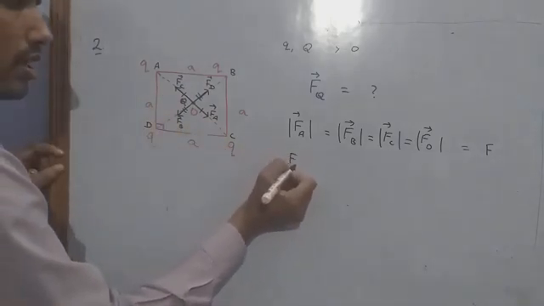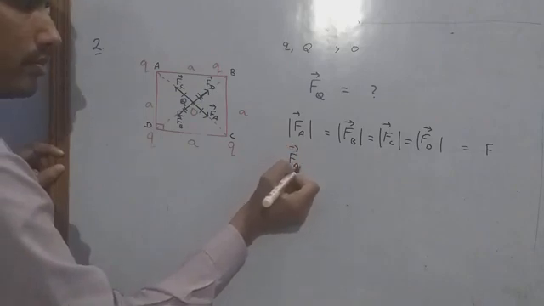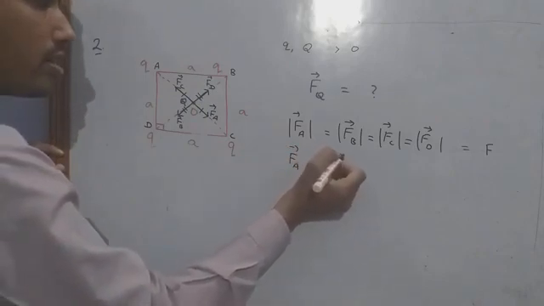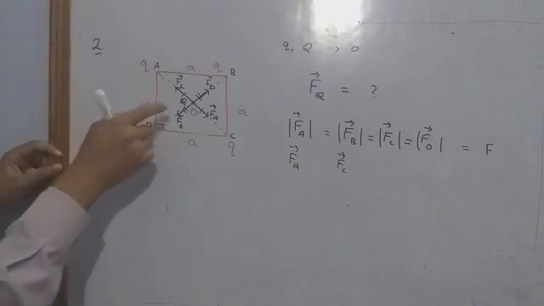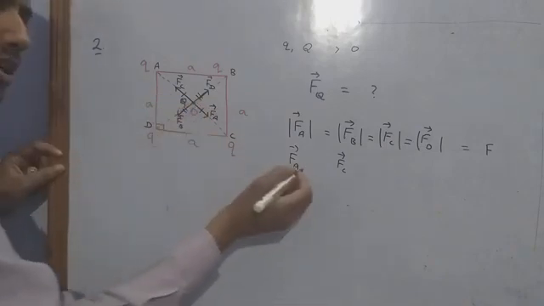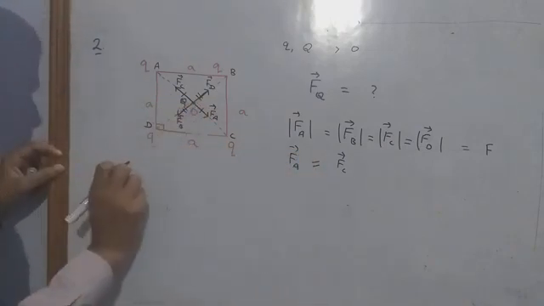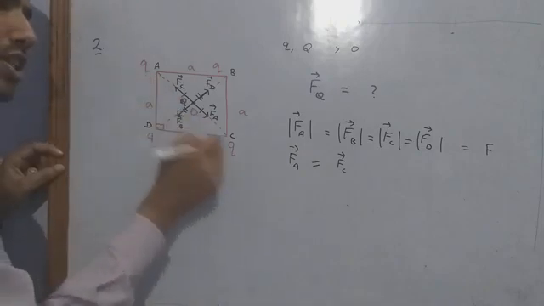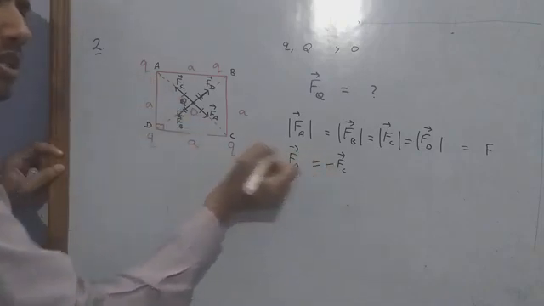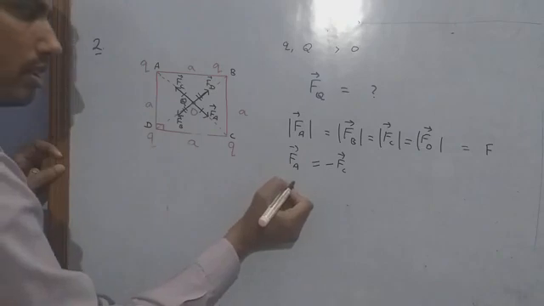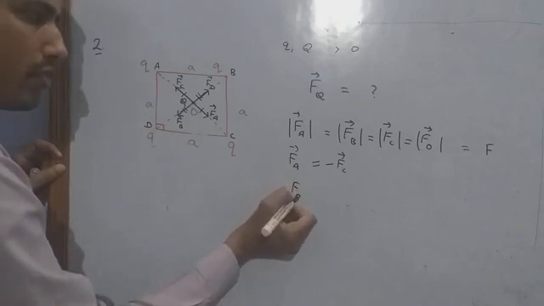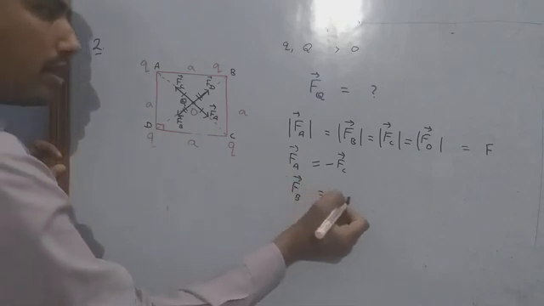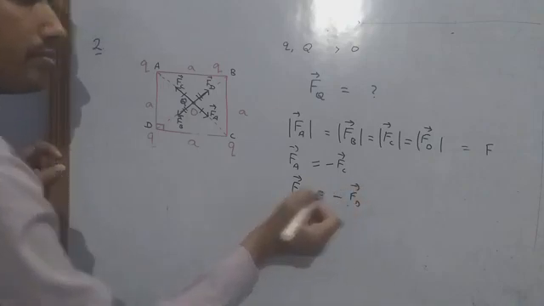So I write FA vector and FC vector. What relation should we write here? FA vector and FC vector are equal in magnitude, so I put an equal sign. But they are in opposite direction. That opposite direction must be indicated by a minus sign. Likewise, I can write FB vector is equal to minus FD vector.